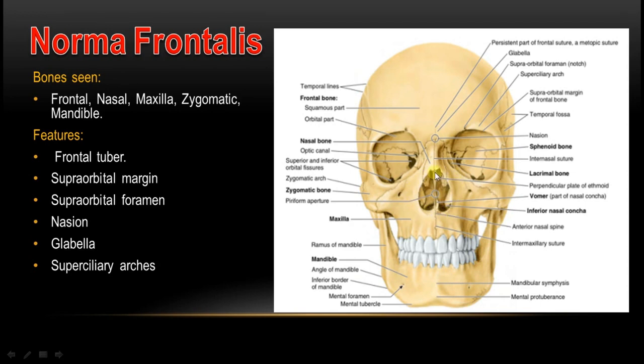Where they meet in the midline at the lower border, you see the anterior nasal spine. The anterior nasal spine gives attachment to the nasal septum. The cartilage part of the nasal septum is attached to the anterior nasal spine.